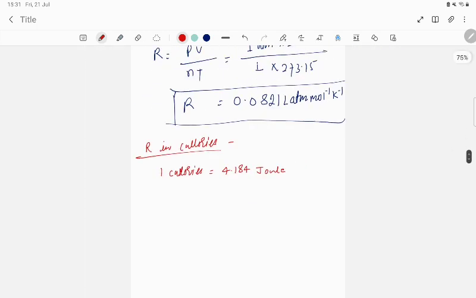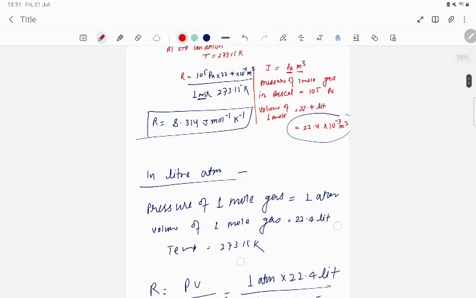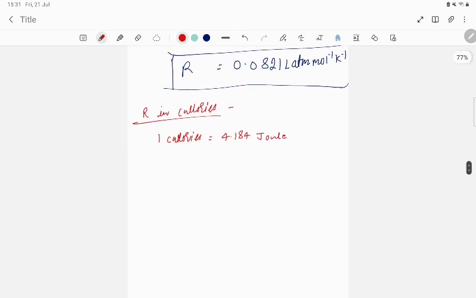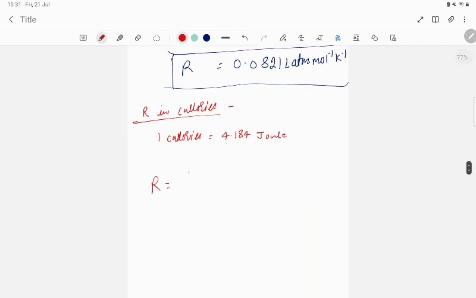In joule, the R value is 8.314. So convert into calories: 8.314 divided by 4.184. It is going to be approximately 2 calories. So R value in calories is equal to 2 calories.